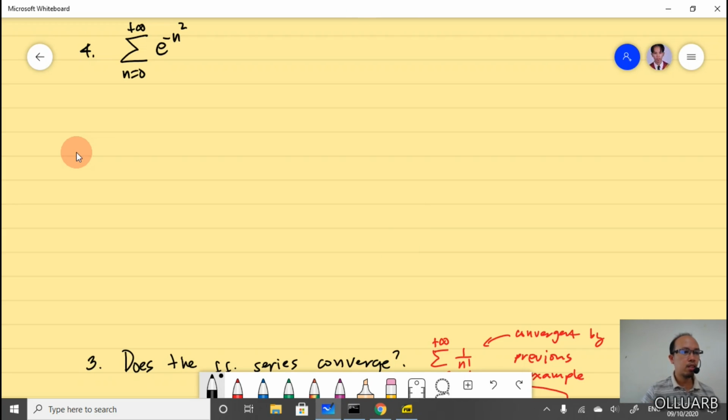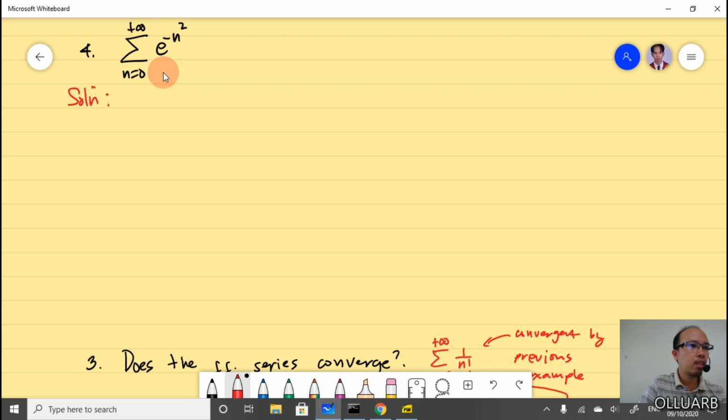This series, example number 4, was given in our exam. So maybe you have an idea now that this series is convergent. I remember that this is in the integral test. Let's try to solve this.